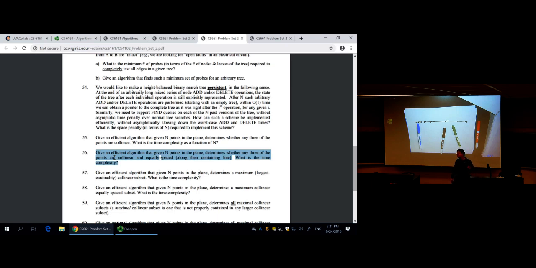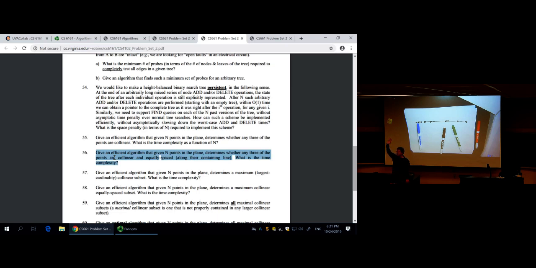So he's making the astute observation that if a triple of points is equally spaced in 2D, their projection to the x-axis, in other words, just their x-coordinates, never mind the y's, what is true about them? If they're equally spaced and collinear in 2D, the projections in 1D are also equally spaced.